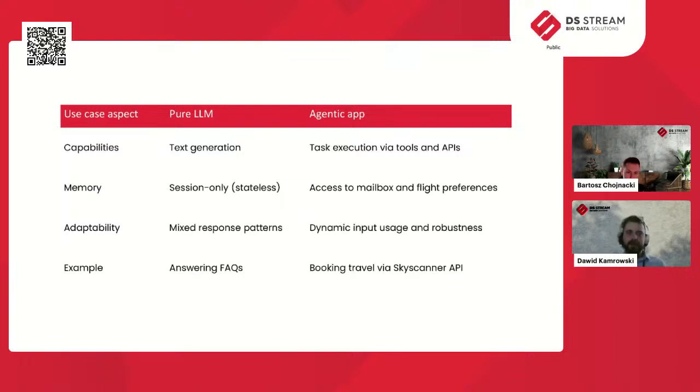Okay, so as we move closer to our small implementation of an agentic LLM, let's revisit the key differences once more with a stronger focus on what we aim to achieve in the next steps.